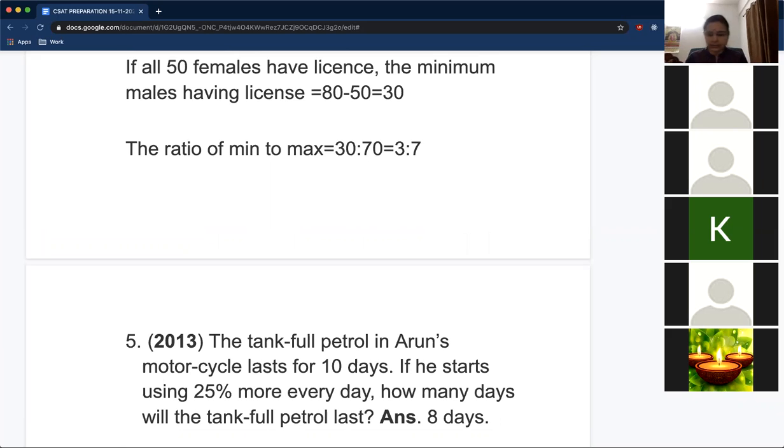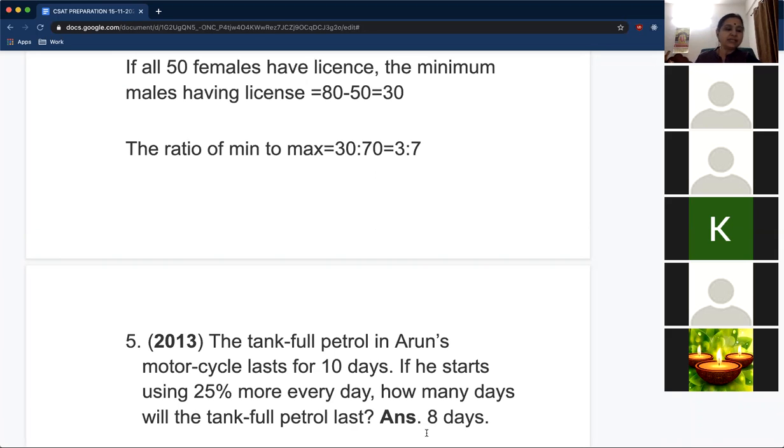Another question which appeared in 2013. Can anyone read the question and try to explain it? This is a very, very easy question. Anybody who can do it?